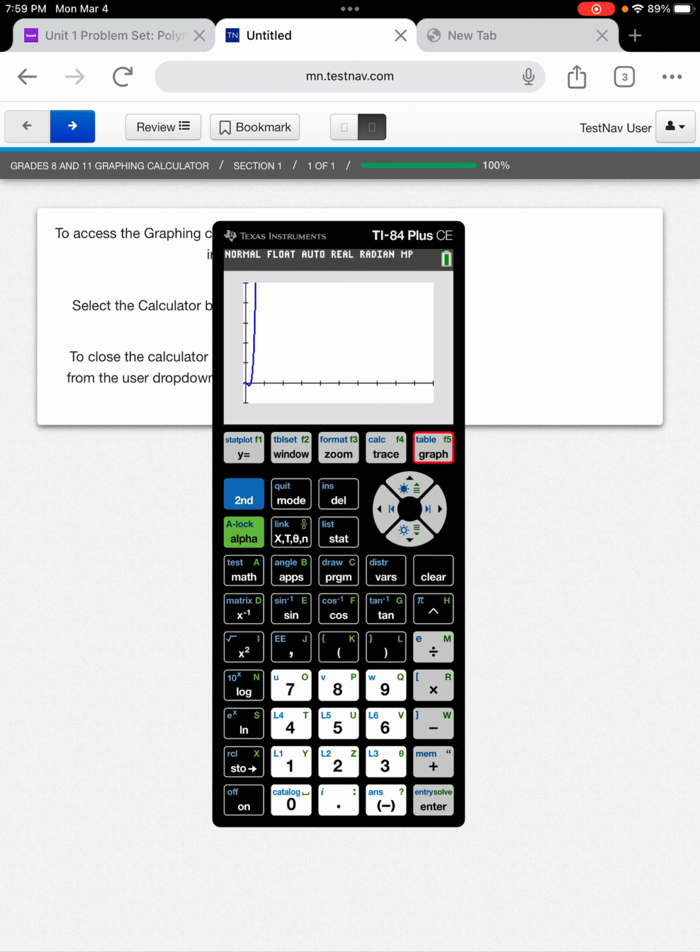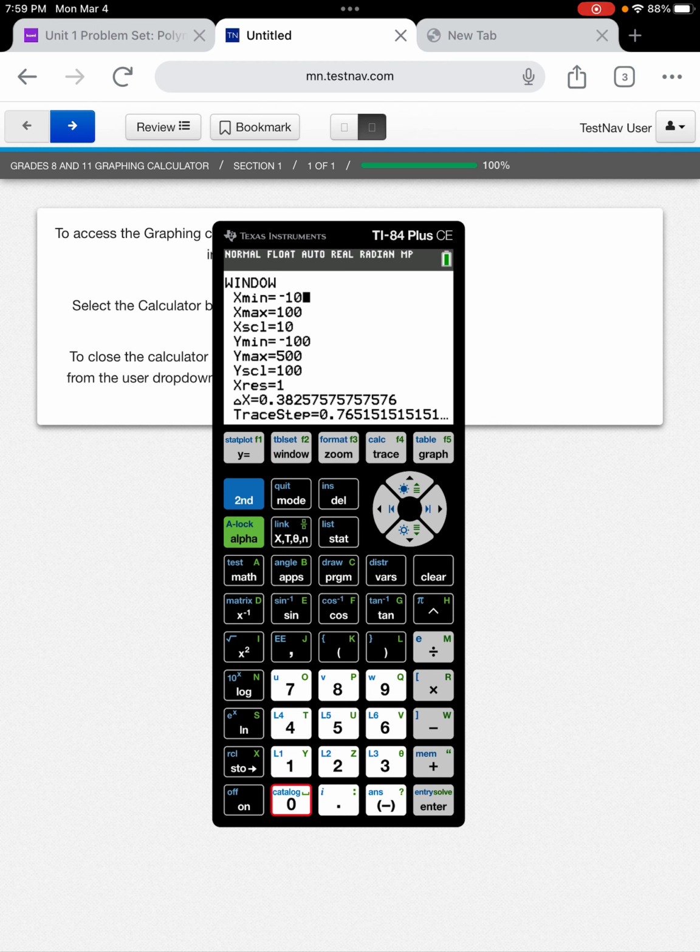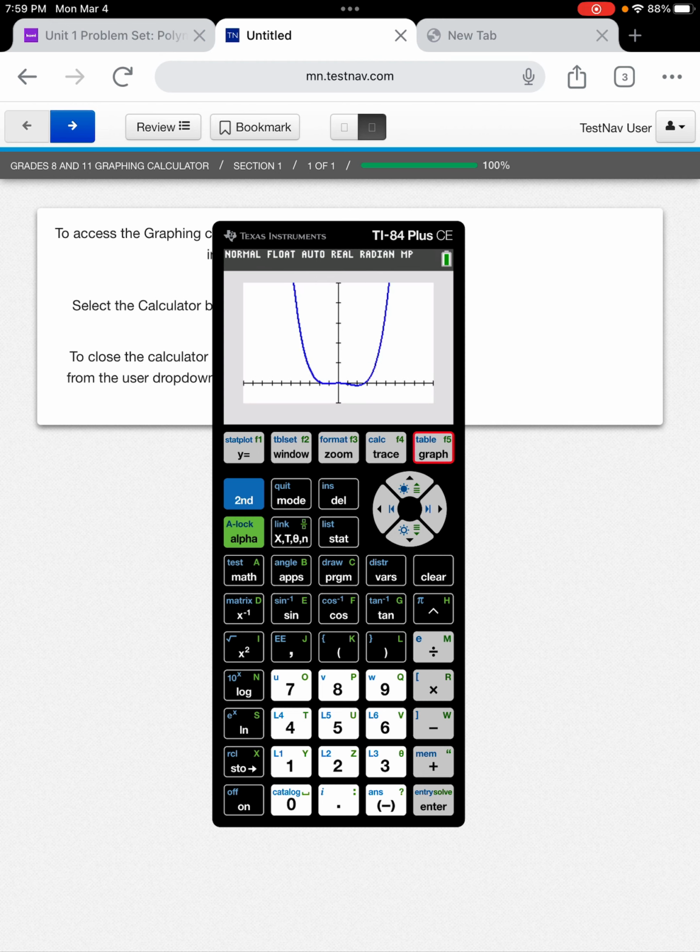Graph. Okay, that's a little bit better. I want to move it over, so I'm going back to window. I'll change my x minimum to negative 10 and go positive 10, in steps of 1, and just see where that takes us. Oh, that's a lot better.